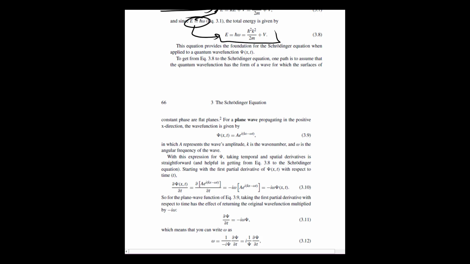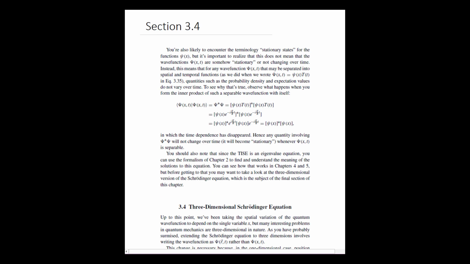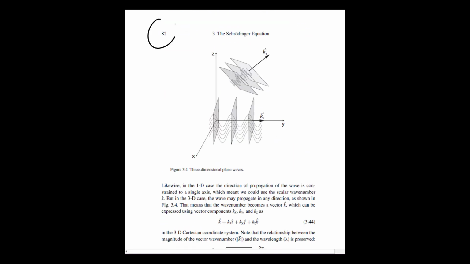But in order to make that next step, we really have to assume something about quantum wave functions. Specifically, to say that one form of a wave would be a plane wave. If you're not familiar with plane waves, it might help to jump forward. Here in section 3.4, on page 82, you'll see drawings of waves that are somewhat indicative of what a plane wave would be.